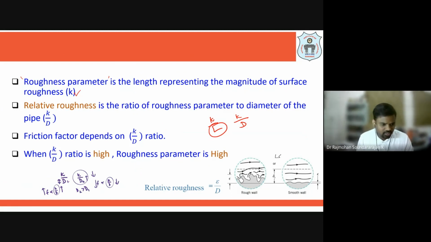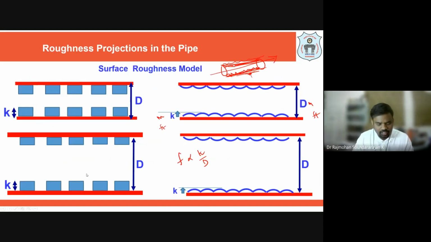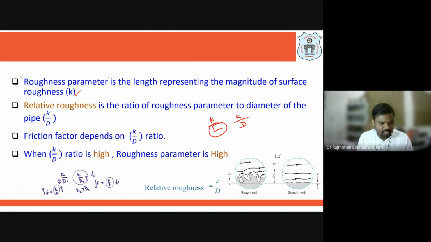Okay, so what we can say is, when the diameter is more, let me say here we have diameter 1 and diameter 2. When the diameter is high, K is the same. Let us consider K to be the same, so let me say K is 5. You have two diameters, one is 50, another one is 80.